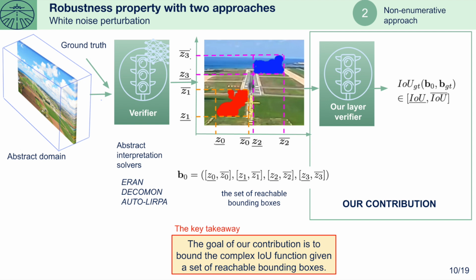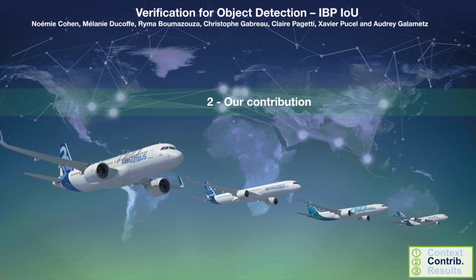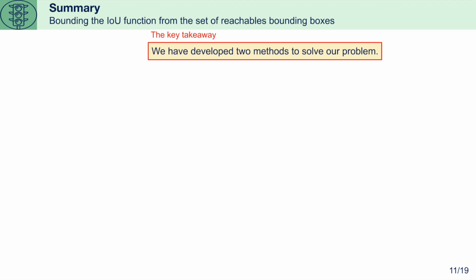The key takeaway is that the goal of our contribution is to bound the complex IoU function given a set of reachable bounding boxes. So let's deep dive into our contribution. The key takeaway from this slide is that we have developed two methods to solve our problem. But before we delve into them, let's do a quick recap of what we have covered before.